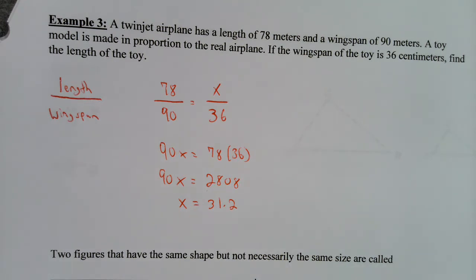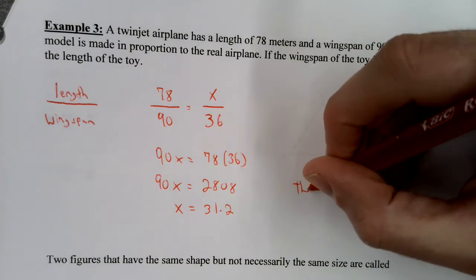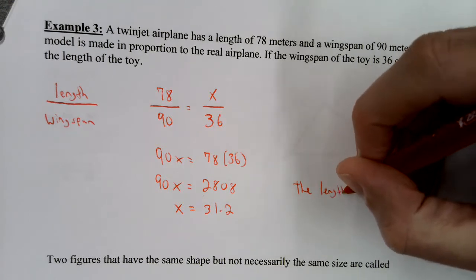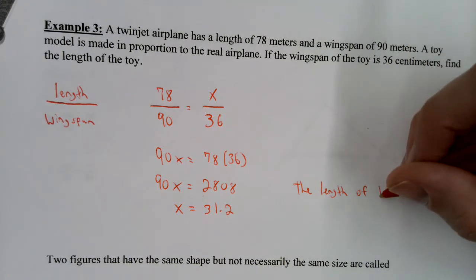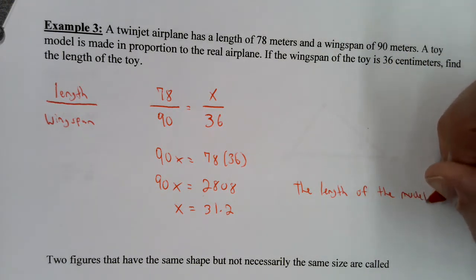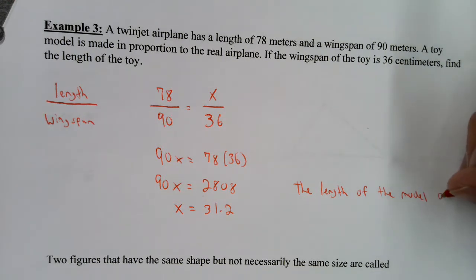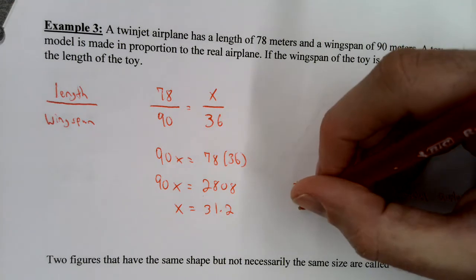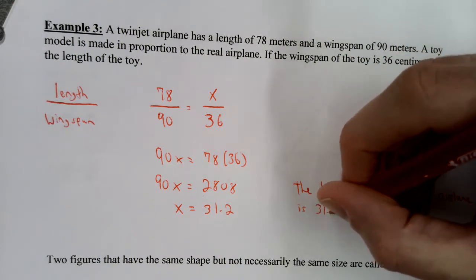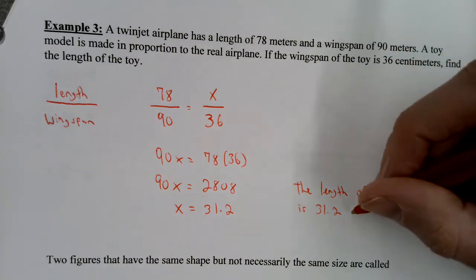The length of the toy, or the length of the model, I guess, is 31.2 centimeters. The length of the model airplane is going to be 31.2 centimeters.